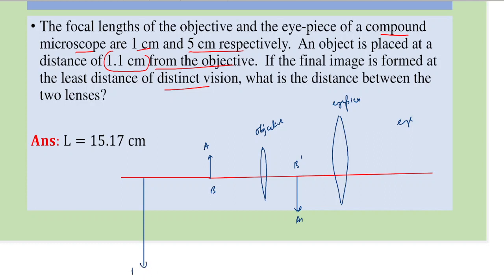We call this A double dash, B double dash. Distance from the optic center of the objective to this point is called u naught, and u naught is negative by sign convention. Distance from this optic center to this would be v naught, because this is the image for the objective, and distance from this to this would be ue, and this would be ve.